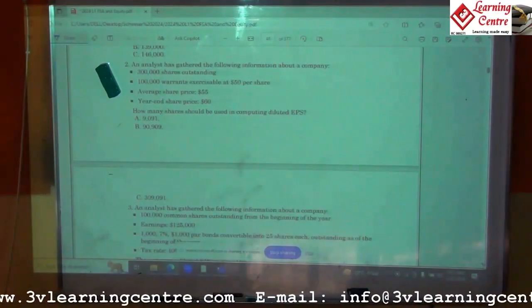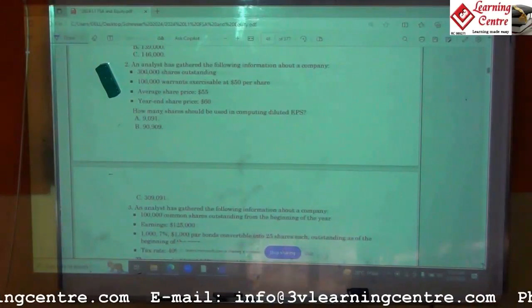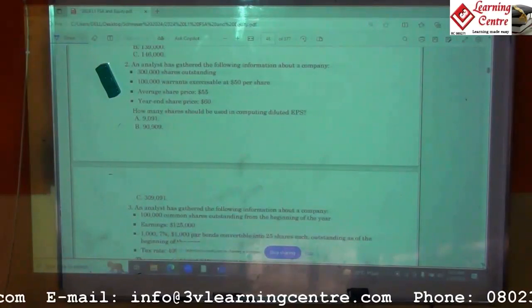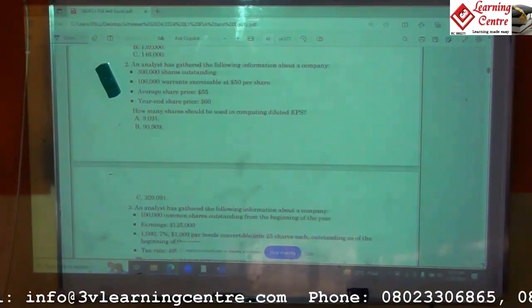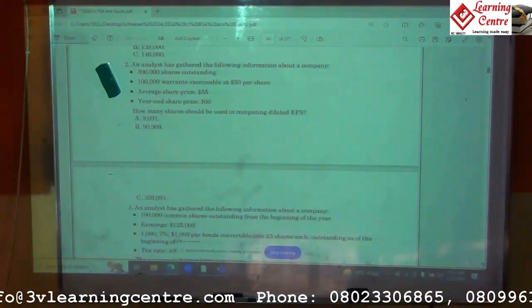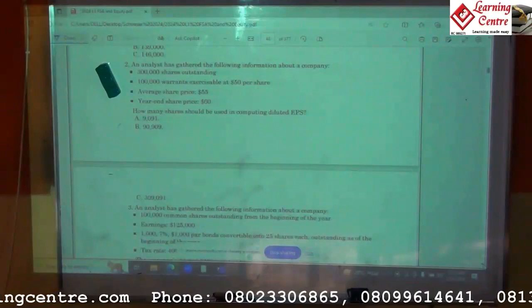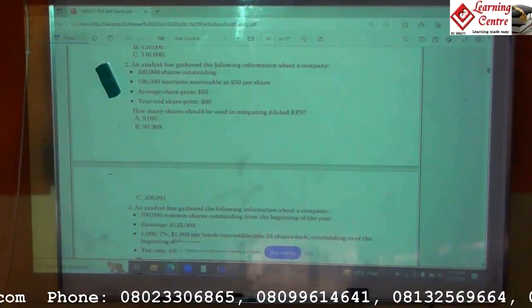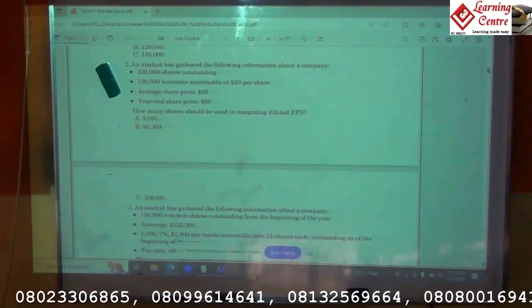What's the average market price? 55. What's our exercise price? 50. So 55 minus 50, divided by what? 55. Which is what?